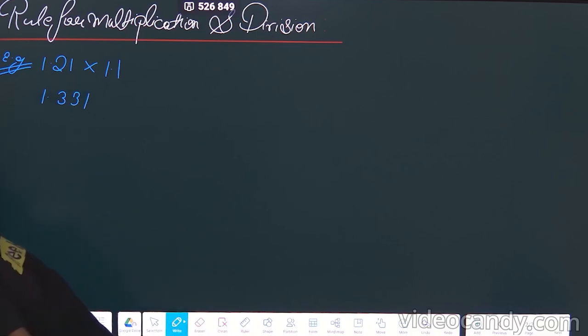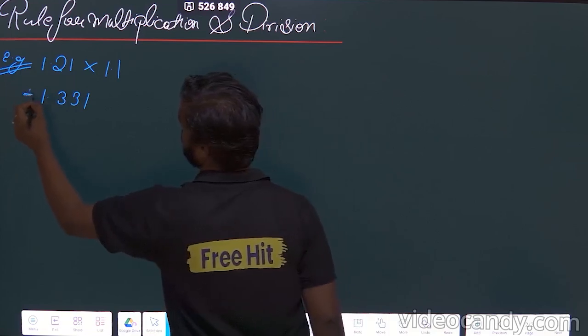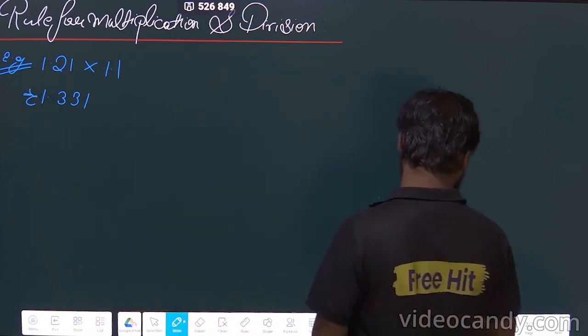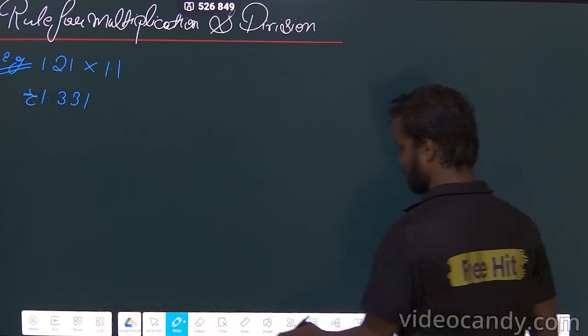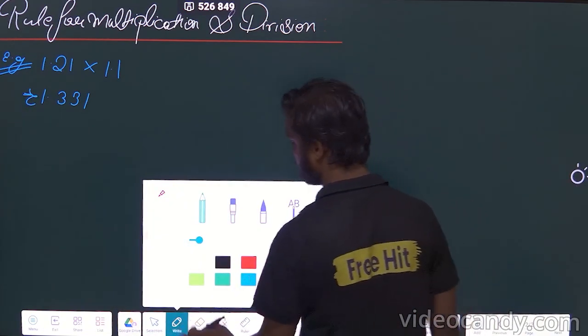So this value will be 1.331. So suppose you are getting this answer, this is my answer for this multiplication. Then how to write the answer? This is not the way to write the answer, right? So how do we have to write the answer?